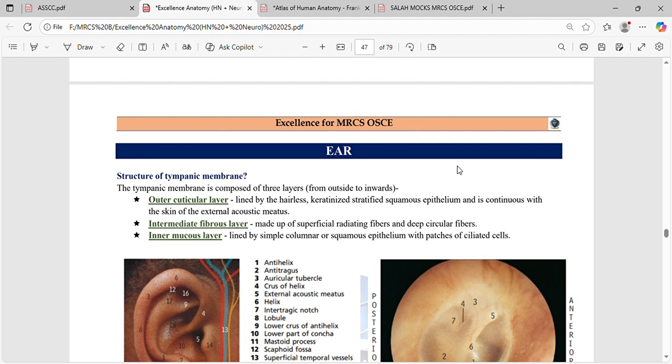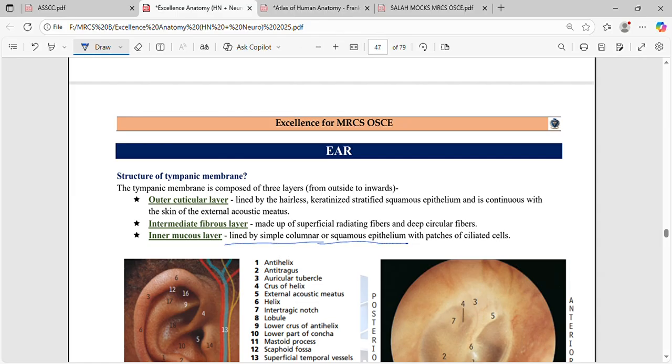As it goes inward into the middle ear cavity it becomes mucous, because the inner cavity is lined by the mucous membrane. The inner mucous membrane is lined by simple columnar or squamous epithelium with patches of ciliated cells.